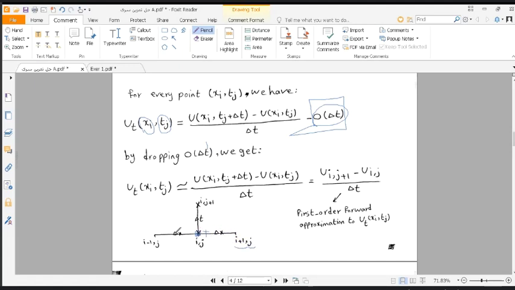When we minus delta x, we go to the point with i minus 1 and j. And when we plus delta t, the index of this point is i and j plus 1.